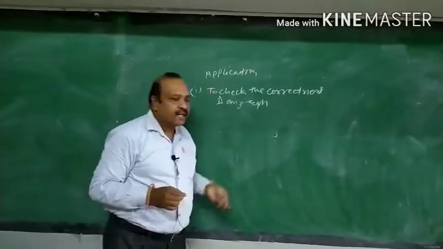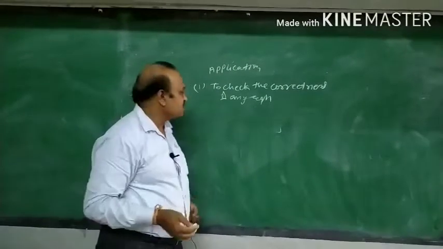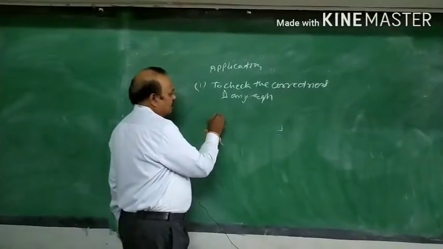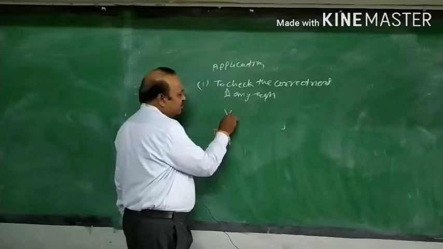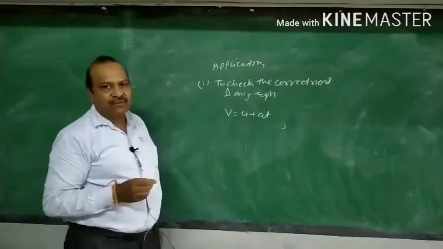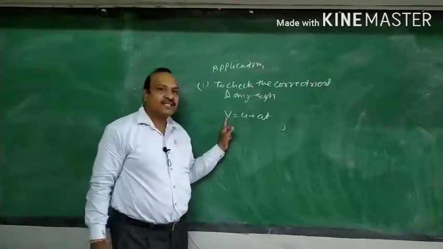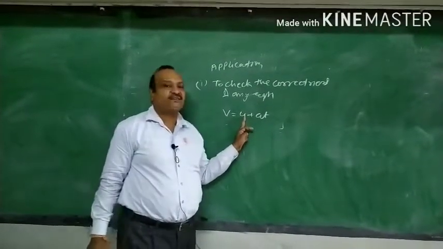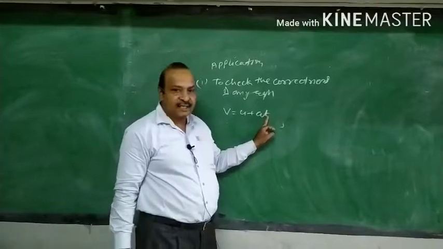It is the first application of dimension formula. For example, check the correctness of the equation V is equal to U plus AT. It is the equation of motion. V is the final velocity, U is the initial velocity, A is the acceleration, T is the time.